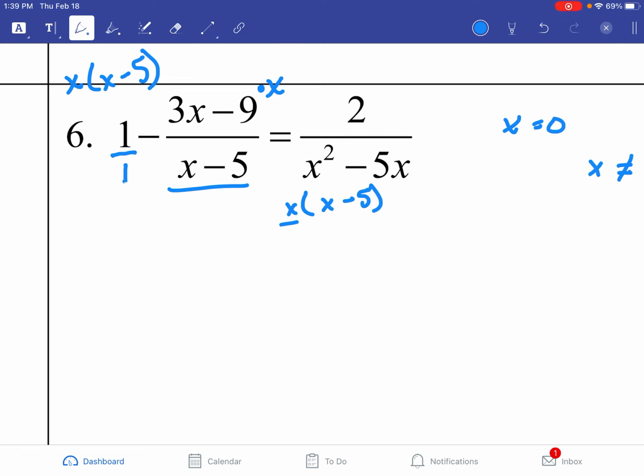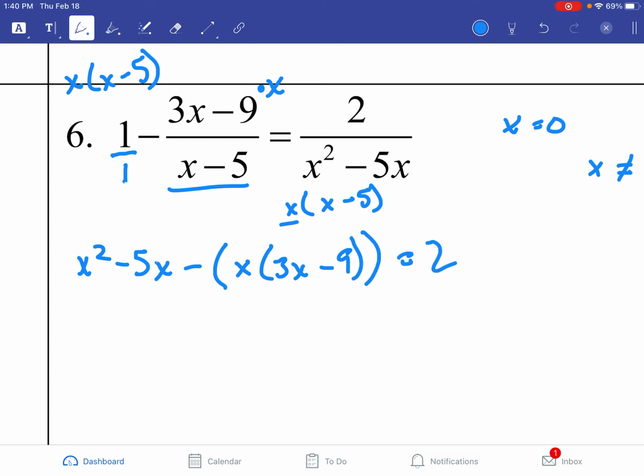So if we rewrite this, 1 times x minus 5 is going to give you x squared minus 5x. It's the same thing as the last denominator. Minus, this is an important piece, I'm going to put that 3x minus 9 times x in parentheses. Actually, you know what I'm going to do first? I'm going to put that in front. Let me explain the middle part here.